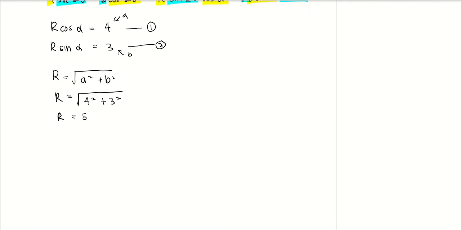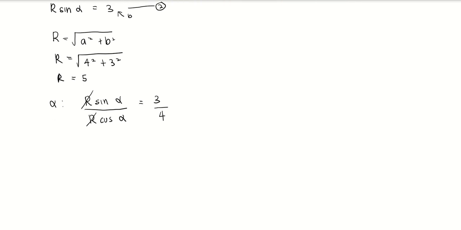And then we can find alpha. To find alpha, we take the equation that is sine, sine alpha equals 3, and divide it by the equation that is cos. So we divide sine over cos, where cos is 4. We can eliminate r, and sine over cos is tangent alpha.